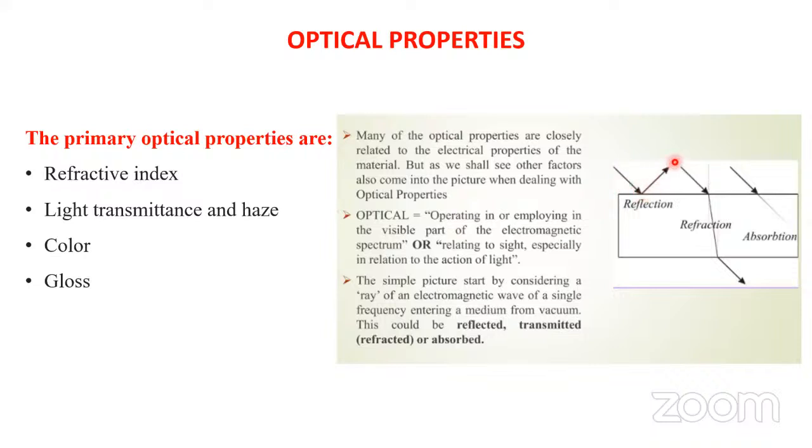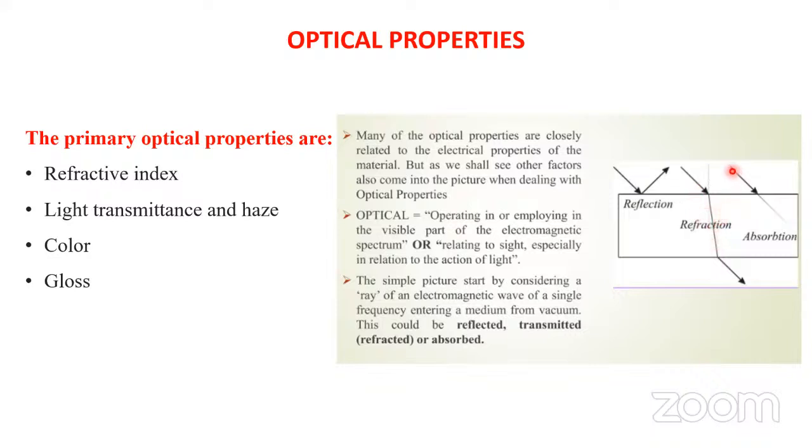Reflection is generally observed in mirror kind of material. Then refraction is when your light ray passes through the material, but its direction deflects. That deflection of light we call refraction.